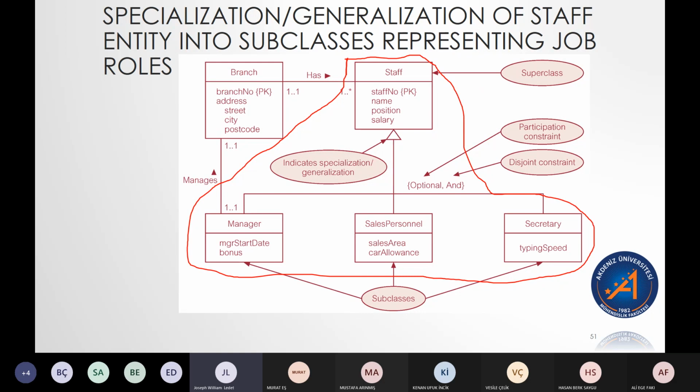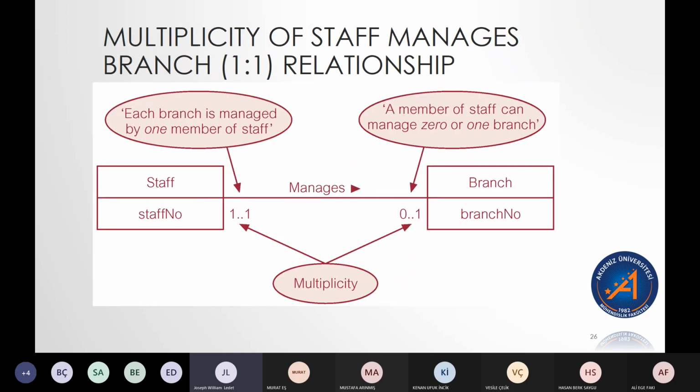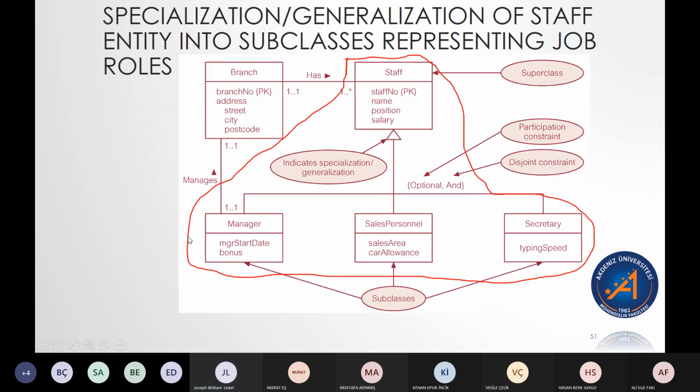We didn't have that requirement here. There's nothing in this requirement that tells me what type of staff this has to be. Whereas here, now I'm able to say that the person that's managing the branch has to meet a requirement on who they are, on what type of role they have.